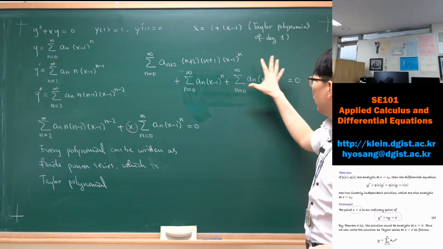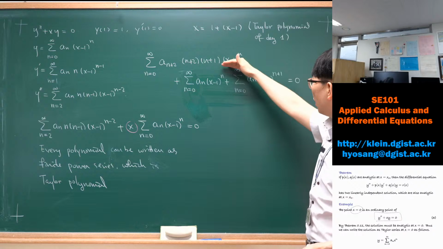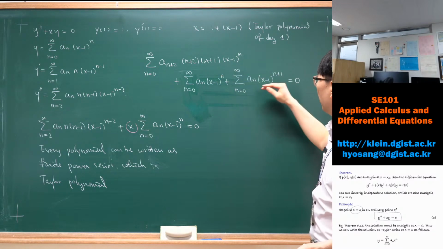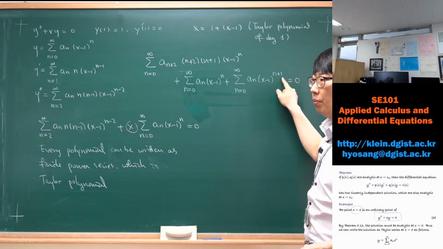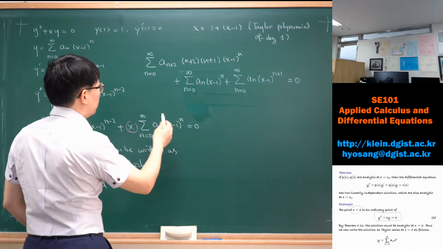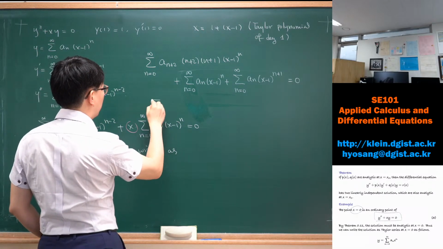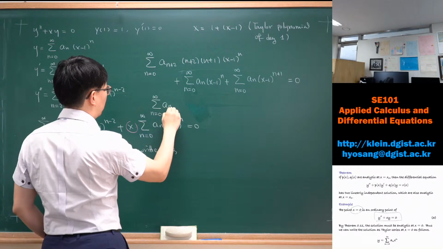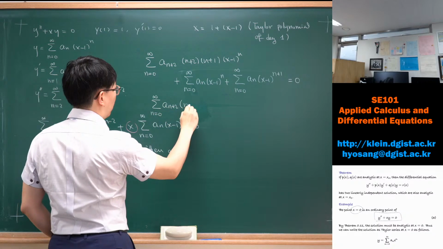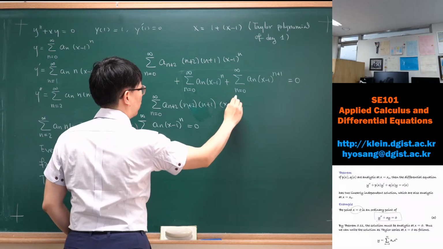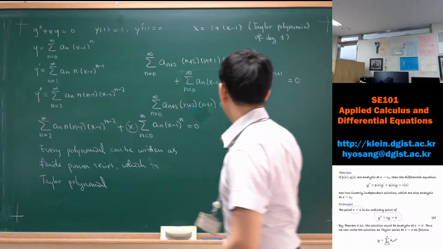So I want to make the form of the power series all equal. I don't want this n plus 1 to appear here. So let's rewrite that. We have the sum from n equals 0 to infinity of a_(n+2) times n plus 2, n plus 1, times x minus 1 to the power of n.